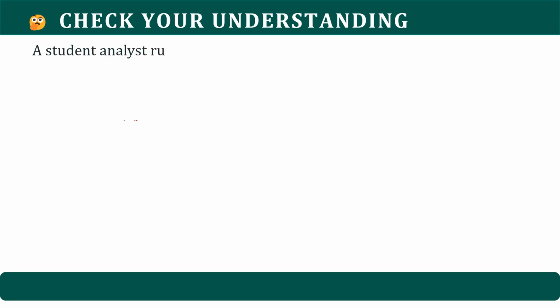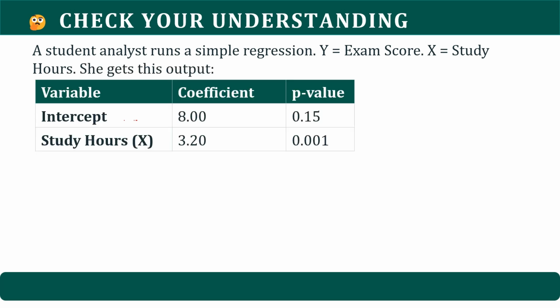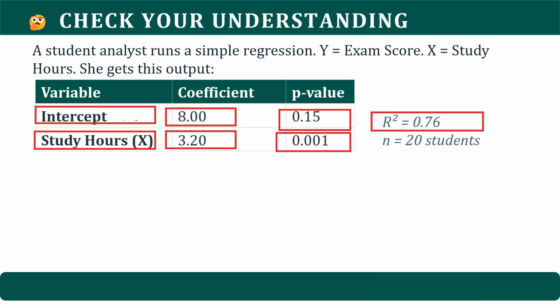All right, your turn. Let's see if it stuck. A student analyst runs a regression. Y is exam score. X is study hours. Intercept 8.00, p-value 0.15. Study hours 3.20, p-value 0.001. R squared 0.76.